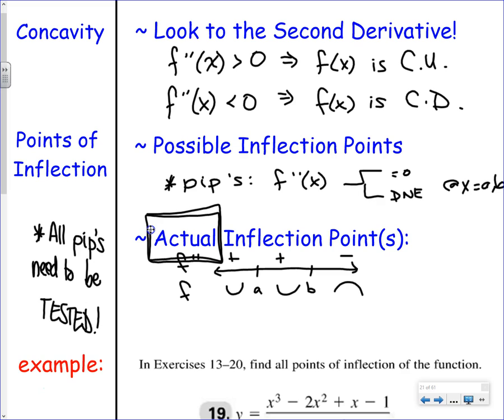Possible, pitchfork the second derivative. Actual must be a sign change. So the only actual inflection point of this hypothetical second derivative sign chart that I plugged in is B. But what were the pips?